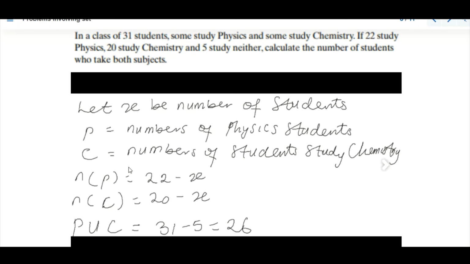Now from here, we continue our calculation. We said that the number of people that study both subjects should be X. To know the exact number of people that study only physics, since some people study both subjects, we subtract X from the number of students that study physics.